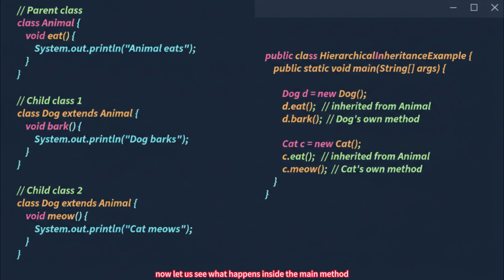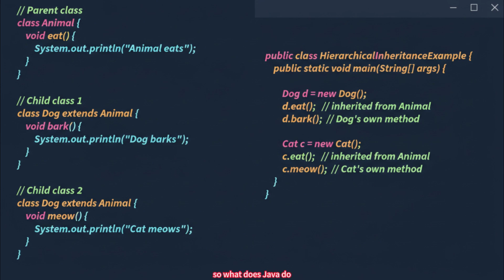Now let us see what happens inside the main method. First, inside the main method, we create an object of the Dog class using Dog d = new Dog(). Using the Dog object, we call eat using d.eat(). At this point, you might notice something important. The Dog class does not have an eat method.